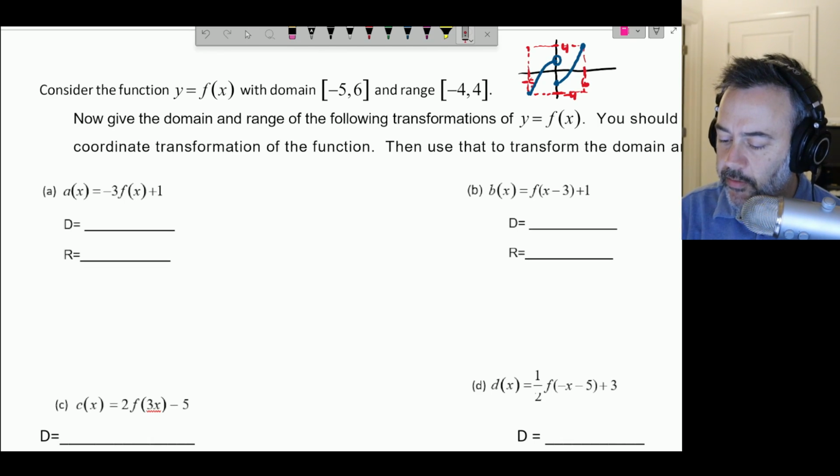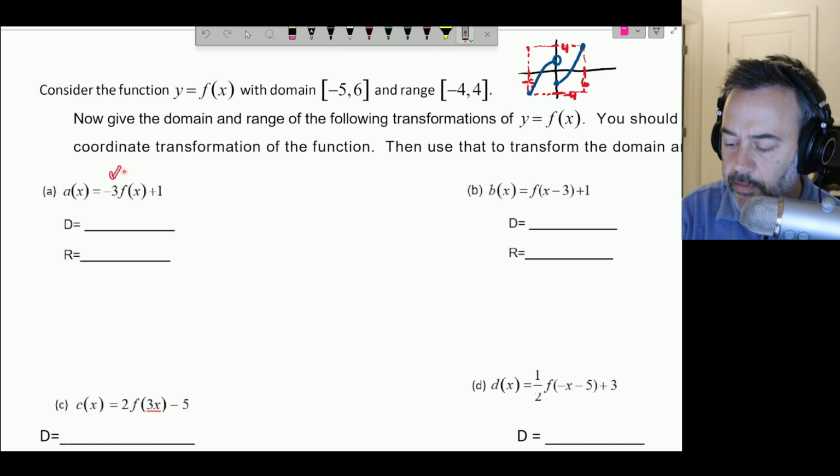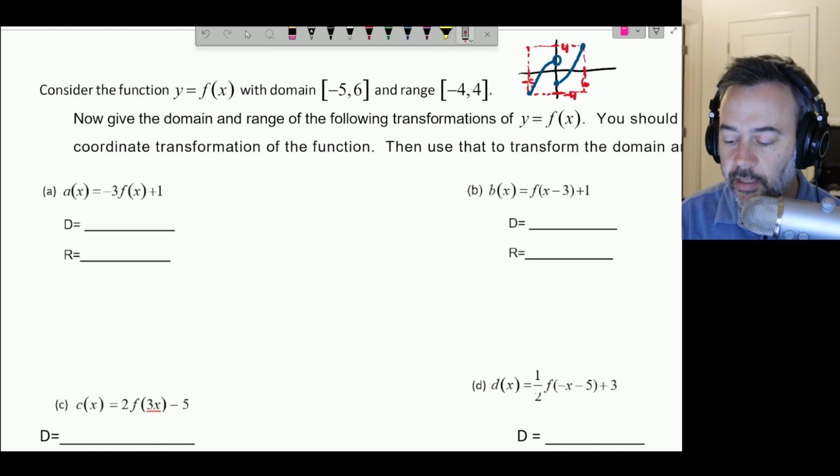So they're saying, hey, f, which has a domain inside of that box we just drew, is being transformed in the following way to make this new function. And the question is, what is the domain and range of the new function? The key is this. We write down the coordinate transformation.